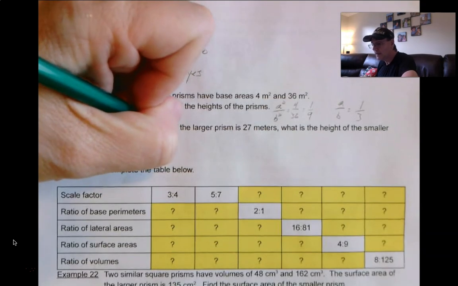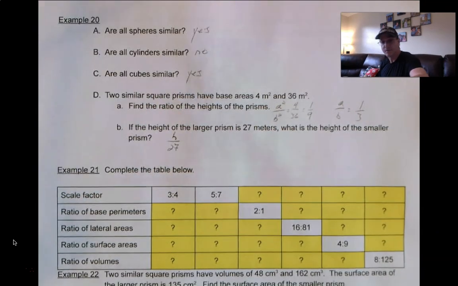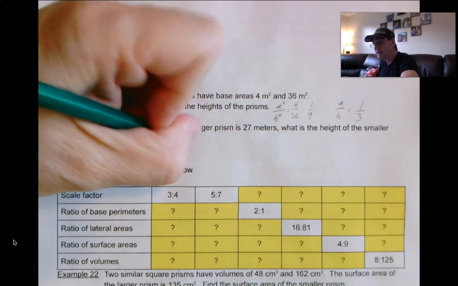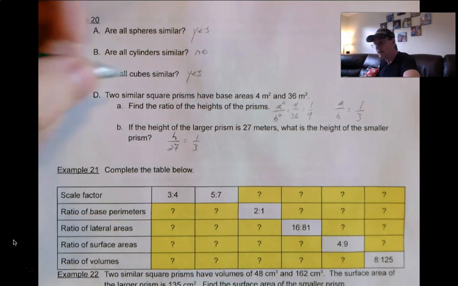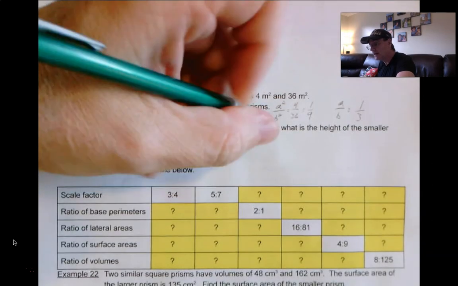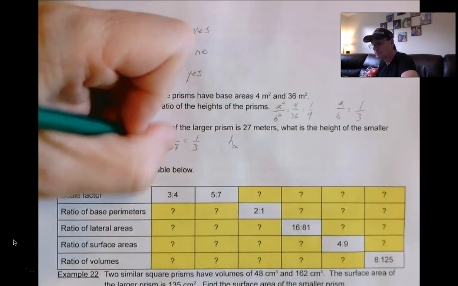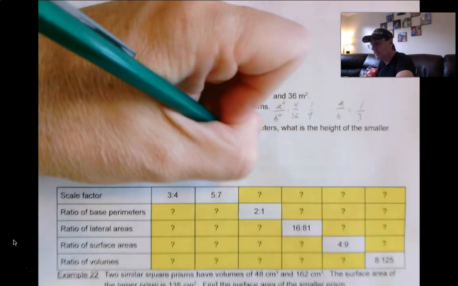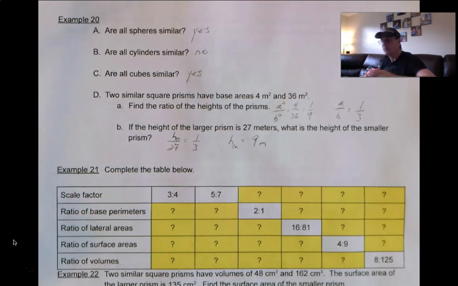So height of the smaller over the height of the larger, which is 27, has to be in a 1 to 3 ratio. Multiply both sides by 27. The height of the smaller one has to be equal to 9 meters.